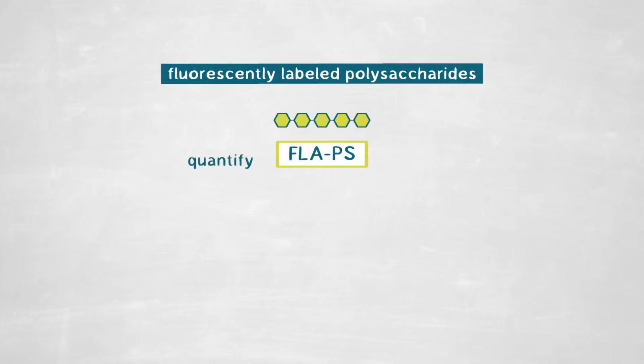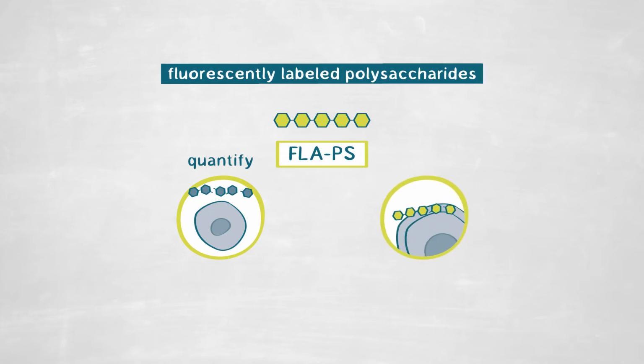Then we can quantify the amount of extracellular hydrolysis and on the other hand visualize the selfish uptake based on a fluorescent feature of the cells that they gained by taking up the fluorescent polysaccharide.